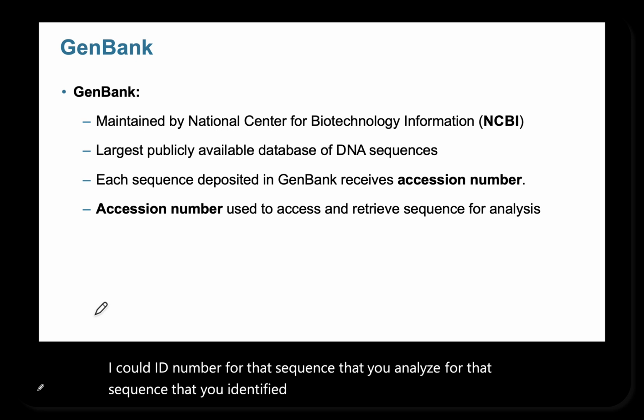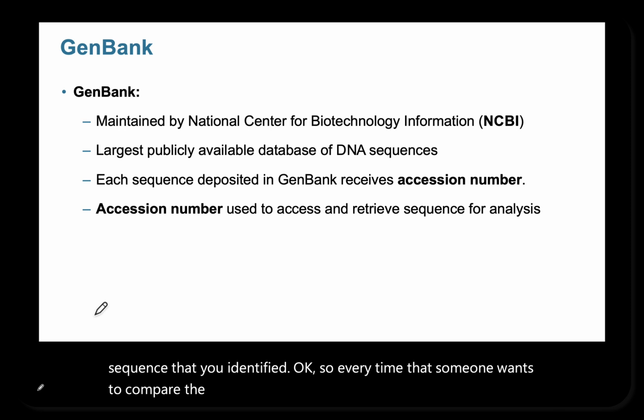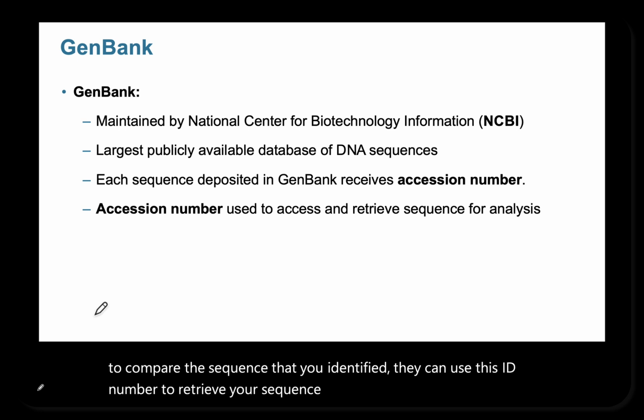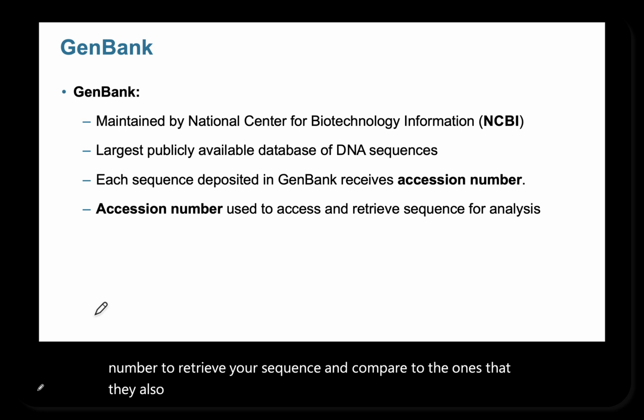So every time someone wants to compare the sequence that you identified, they can use this ID number to retrieve your sequence and compare it to the ones that they are studying, okay?